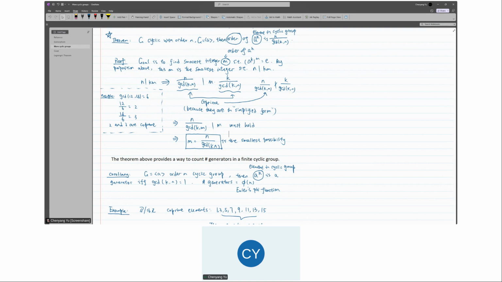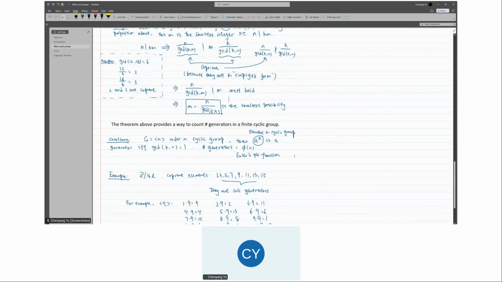Oh, okay, I think I answered the question just now. We were talking about this. The only condition for a^k being a generator is that the power has to be co-prime to n.